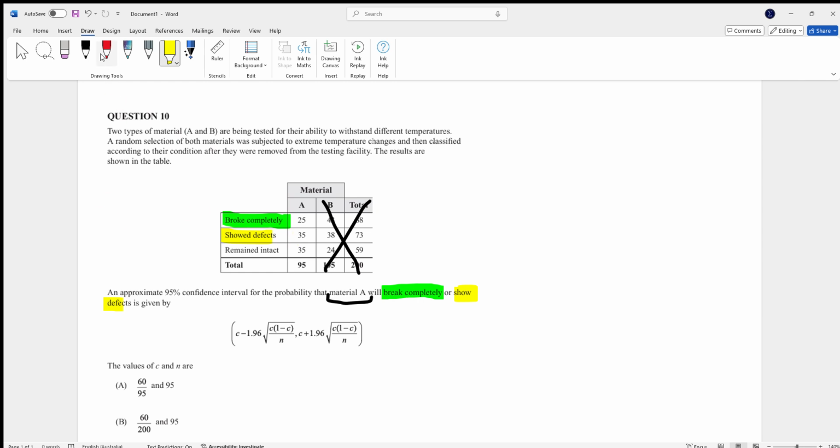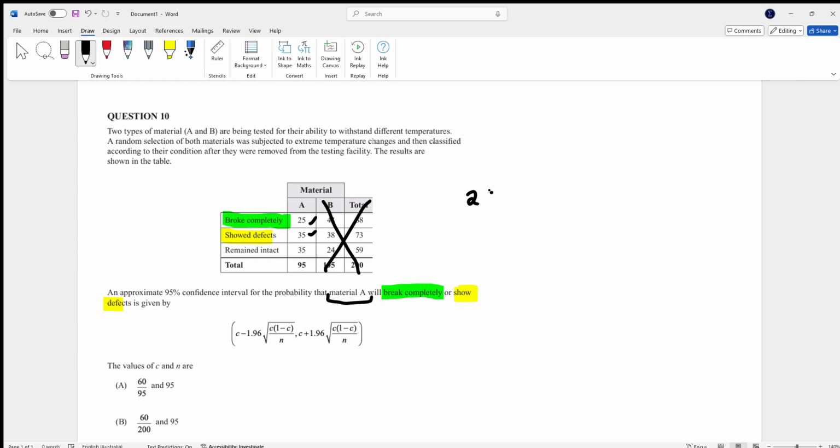What we're thinking in this situation is the proportion of things that have shown defects as well as broken completely in the list of material A, because you still have that bit where it could have remained intact. So realistically, we're looking at the sum of both of those for our proportion.